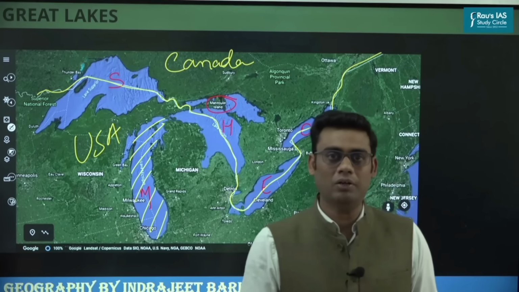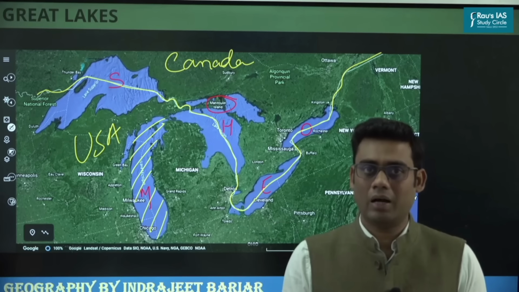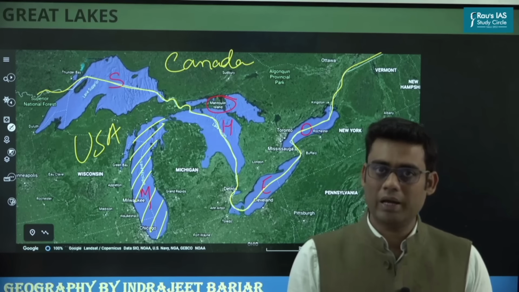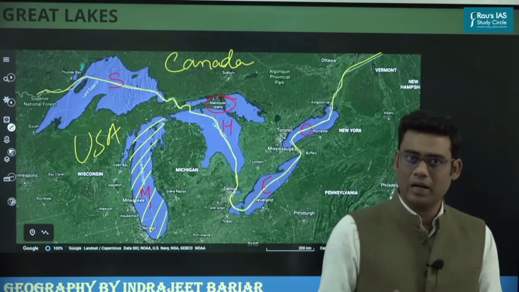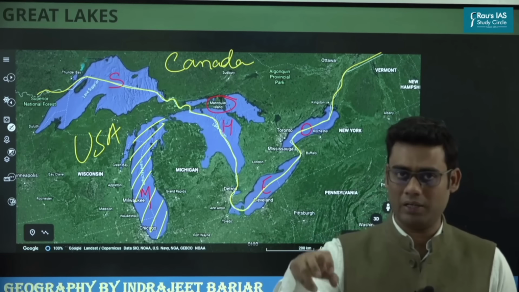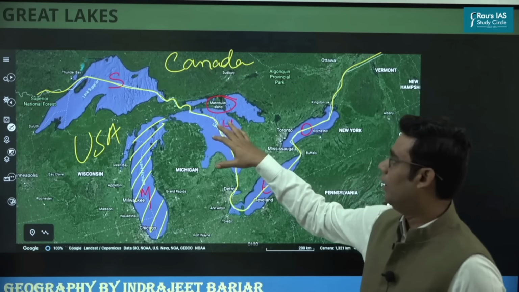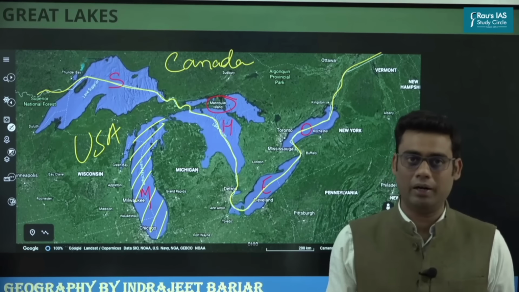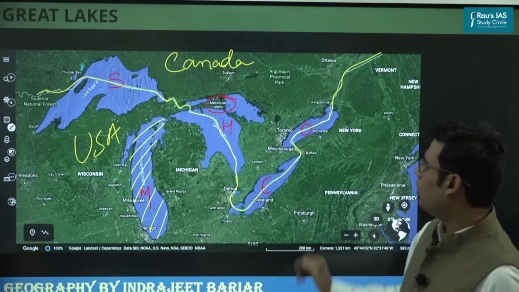Now this Manitoulin Island is the largest lake island in the world. A lake island is an island which lies within a lake. So Manitoulin Island is the largest lake island in the world.